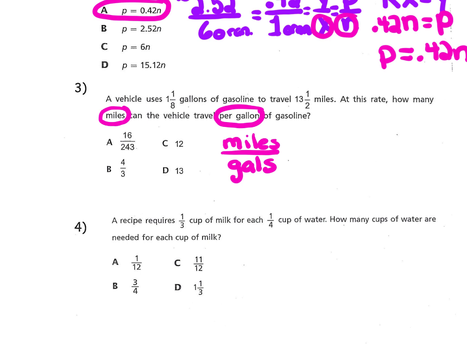In number 4, they want the cups of water per single cup of milk. That tells you how they want the information. Water should certainly be your Y value, and milk should certainly be your X value.